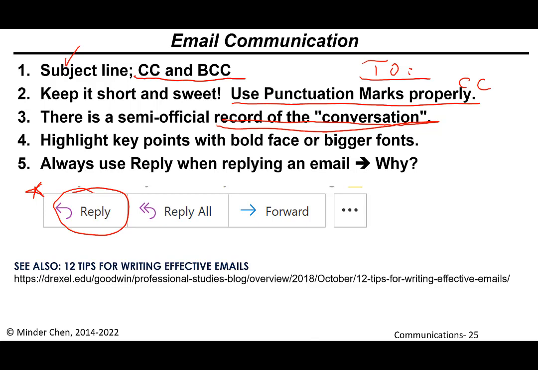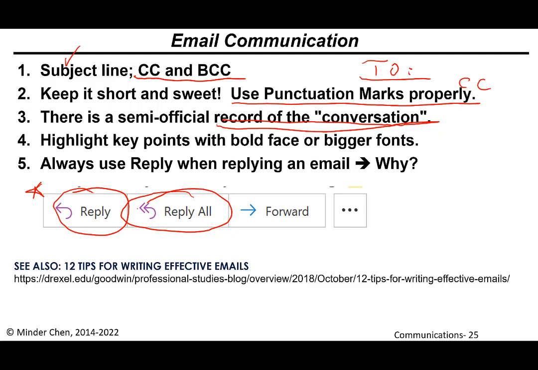You know how this started, how it progressed, and how it came to this stage. And be a little bit careful. If the email has a lot of receivers, when you reply, does it really need to go to all of them, particularly when there are a lot of people on that email list?